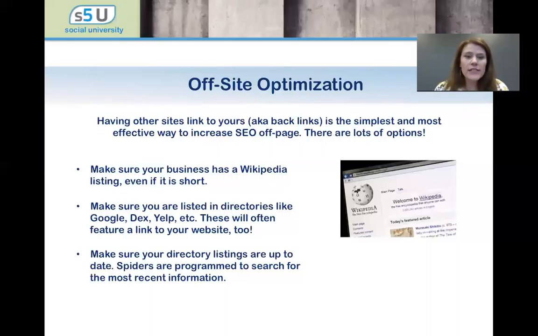So that's important. But they're trolling around the web looking for that information and trying to figure out who's going to be the best fit. And one of the things they're looking for is the number of backlinks you have to your site. So if a site has only 10 sites linking in or something, that doesn't show up as well as if you have 100 sites linking in or something, right?